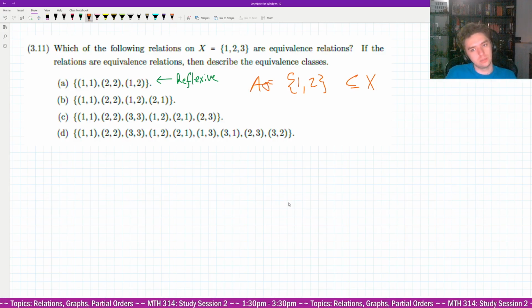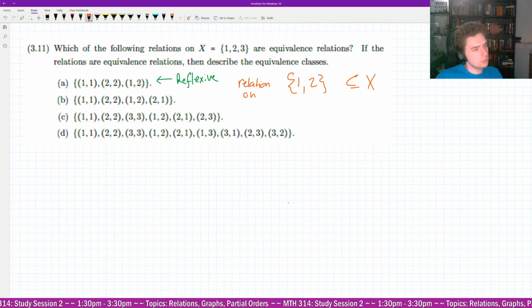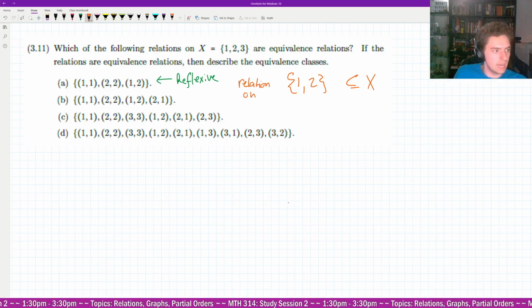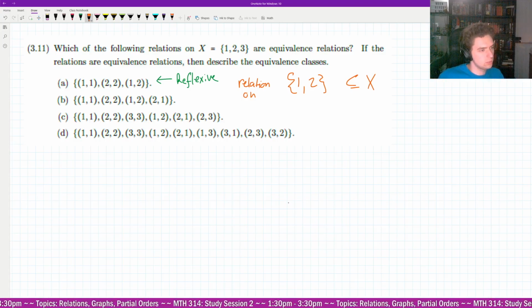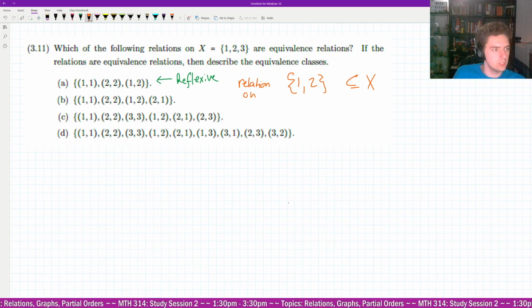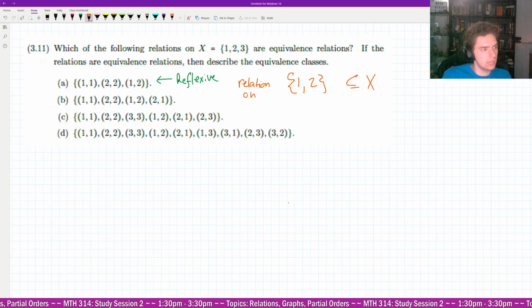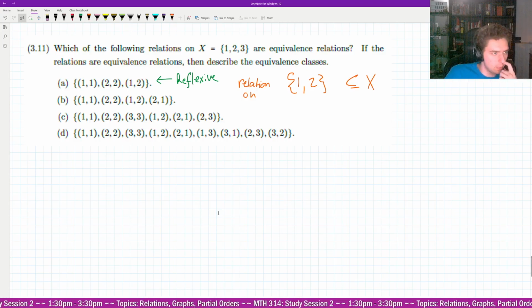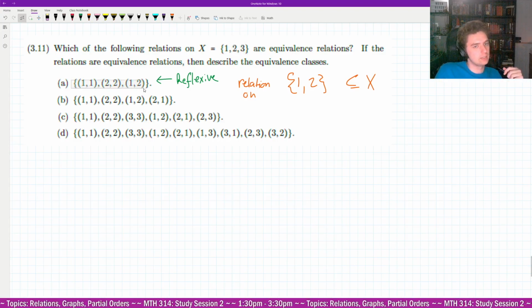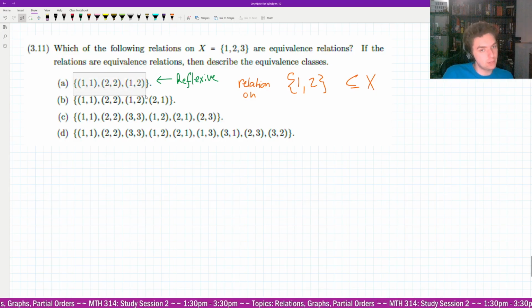If it's a relation on X, you have to look at the elements, and you just want to make sure that all of these elements are actually being referenced here somewhere. 3 is not being referenced here, so you just assume that this is actually just a relation on {1, 2}, instead of a relation on {1, 2, 3}.